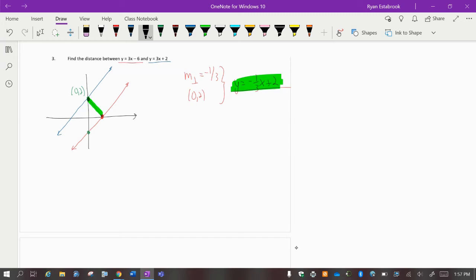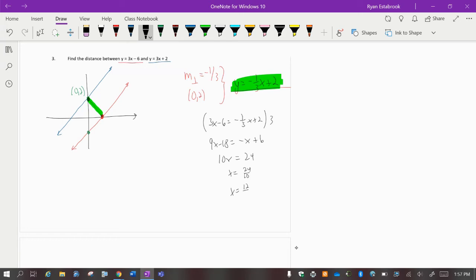We'll set them equal to each other. 3x minus 6 is equal to negative 1/3 x plus 2. And multiply everything by 3. 9x minus 18 equals negative x plus 6. Add x to both sides. Add 18 to both sides. Divide by 20, or divide by 10.